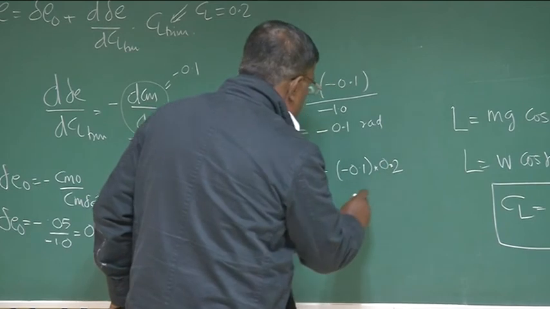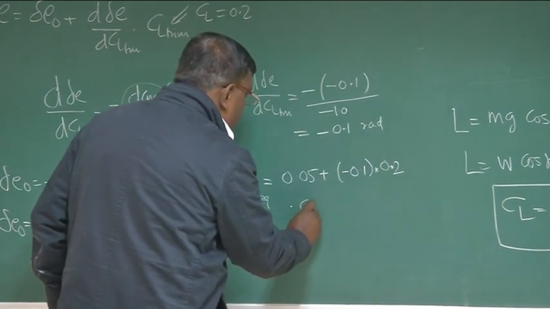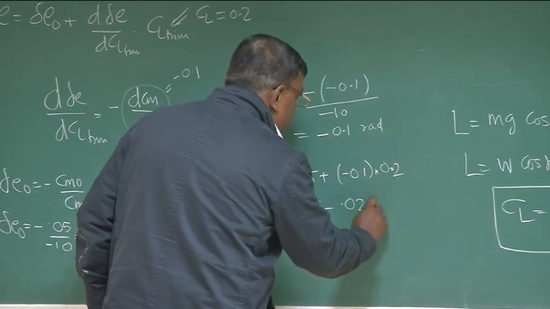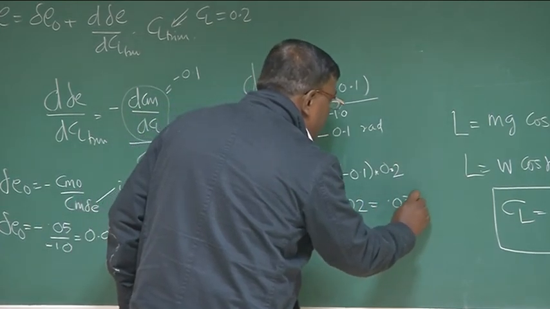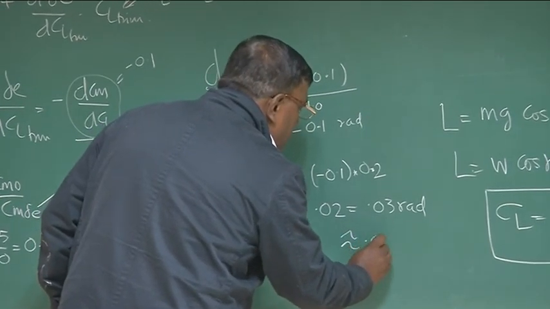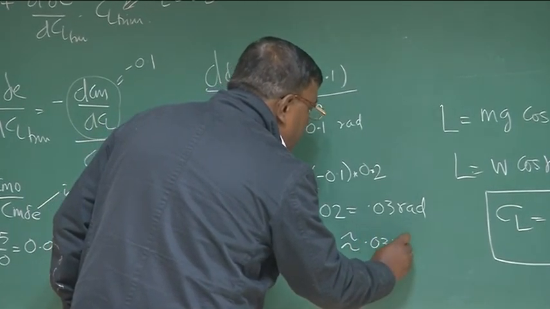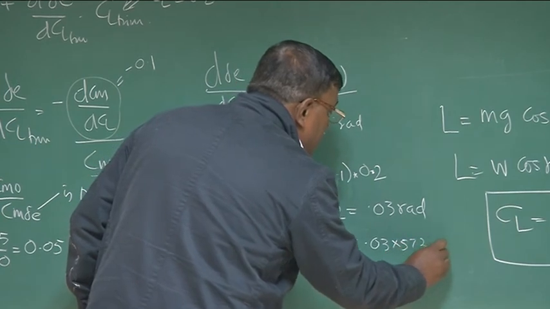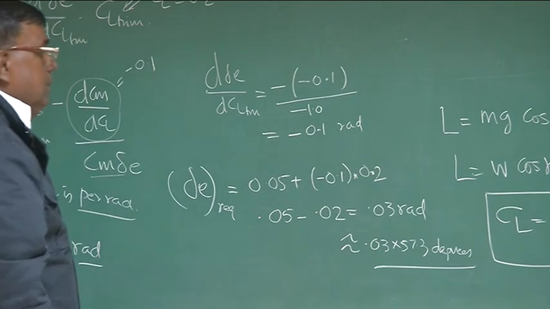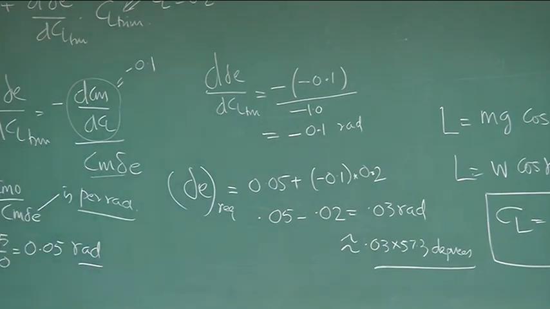So this becomes 0.05 minus 0.02, and this is equal to 0.03 radian, which is approximately 0.03 into 57.3 degrees, so around 1.8 degrees, correct?